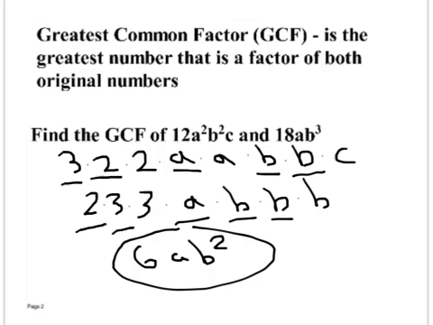So you break it down into each factor, find the common factors, and multiply them together. This is your GCF. Because 6ab squared is a factor of each one. Would 6 go into 12 and 18? Yes. Would a go into each one? Yes. What about b squared? Yes.